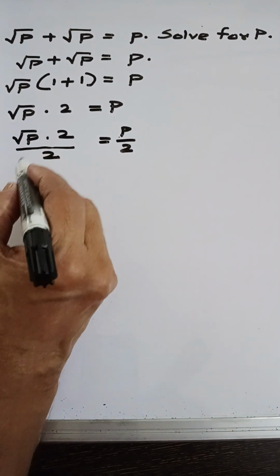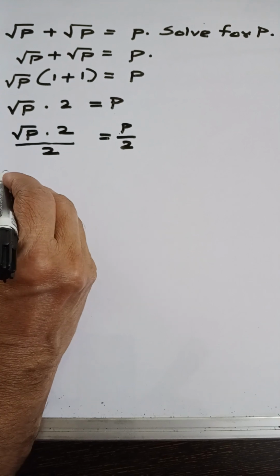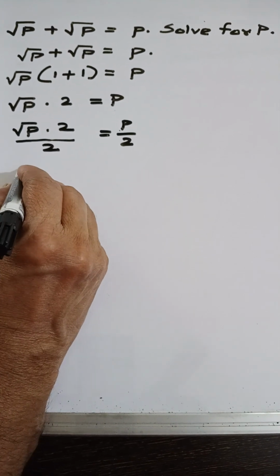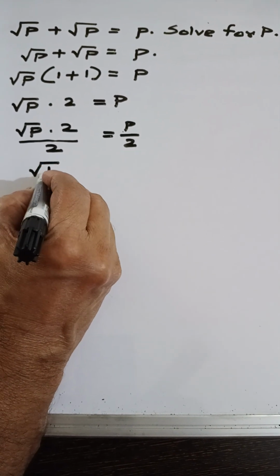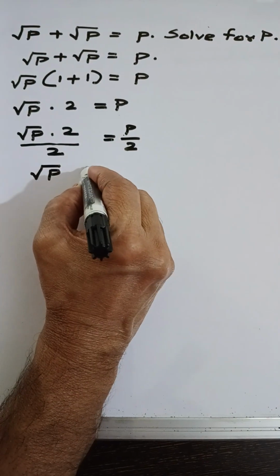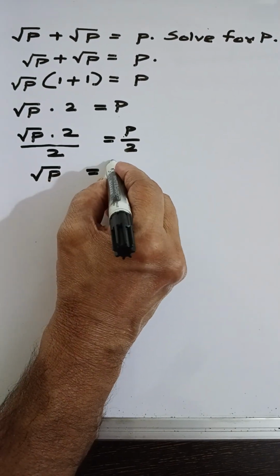Therefore, 2 and 2 cancel. Therefore, root p equals p by 2.